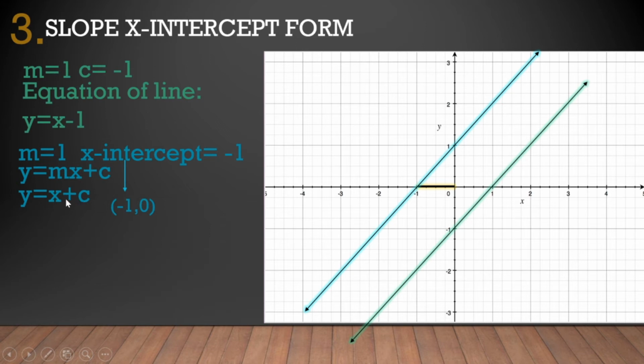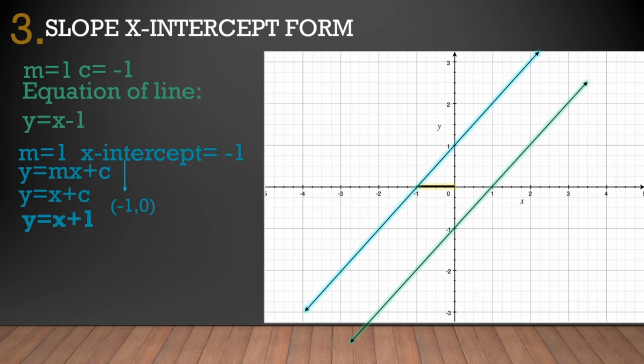So we got the value of c, and c is +1. That means the equation of the line is y equals x plus 1. So the slope x-intercept form can be worked out, and we are making use of only this.